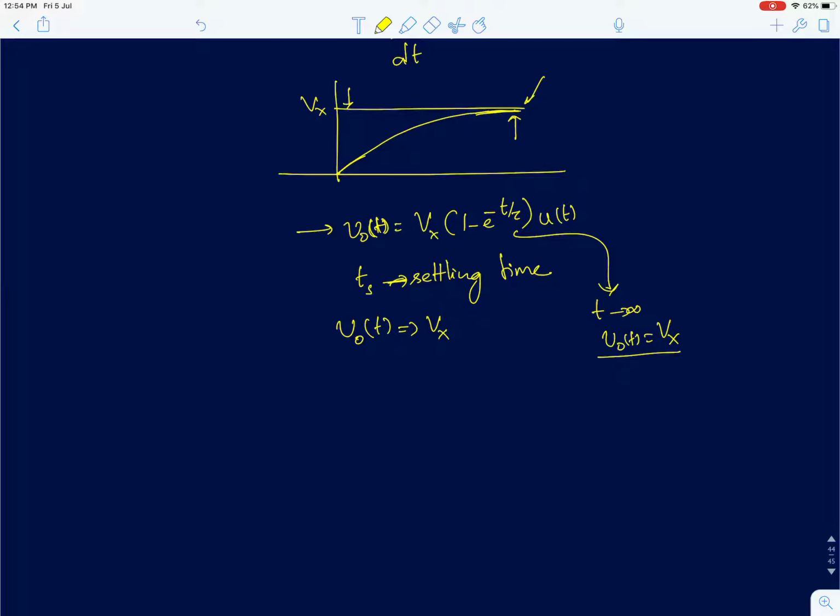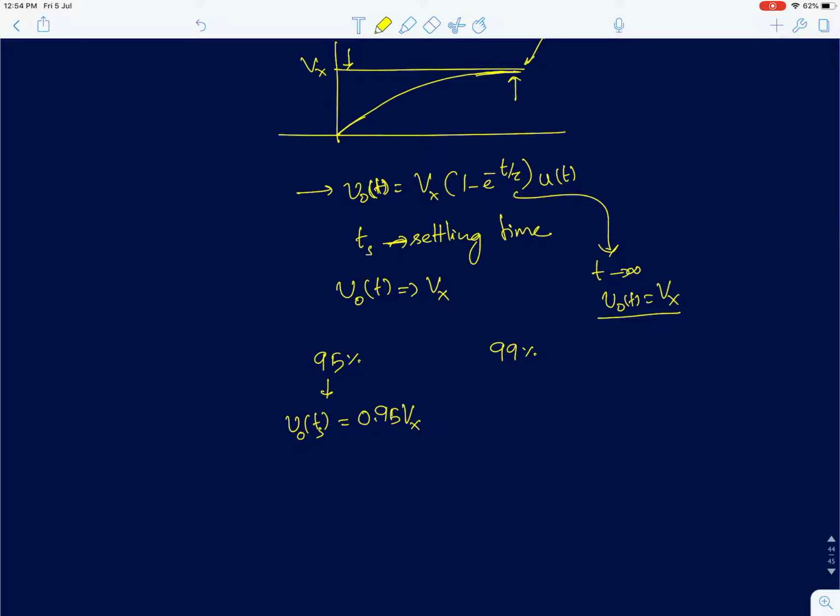Two of the most popular ways of measuring the settling time are 95% settling and 99% settling. 95% settling is the time at which your V naught has reached 95% of its final value, and this you can find by substituting it in the equation.